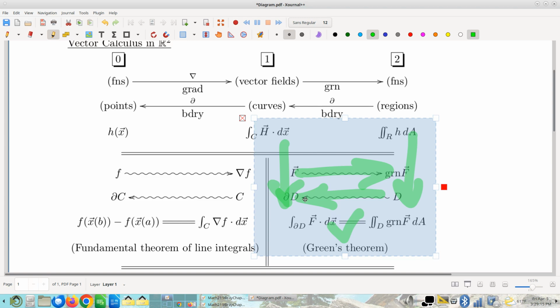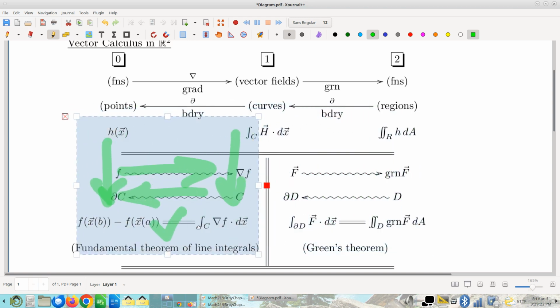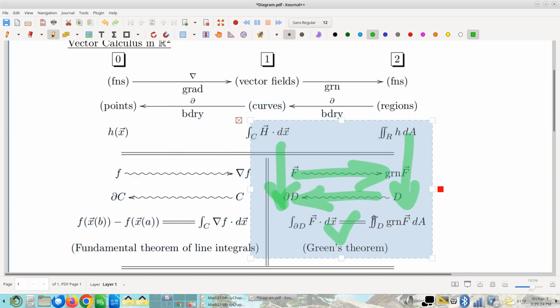I hope, and this is the tip of the iceberg, that the fact that these two theorems, totally different theorems about totally different objects with totally different geometry, have exactly the same diagram should make you suspicious. Maybe willing to believe when I say that these theorems are actually kind of the same theorem.